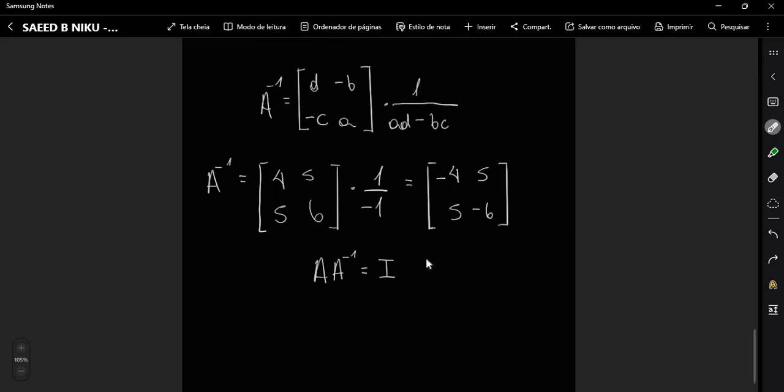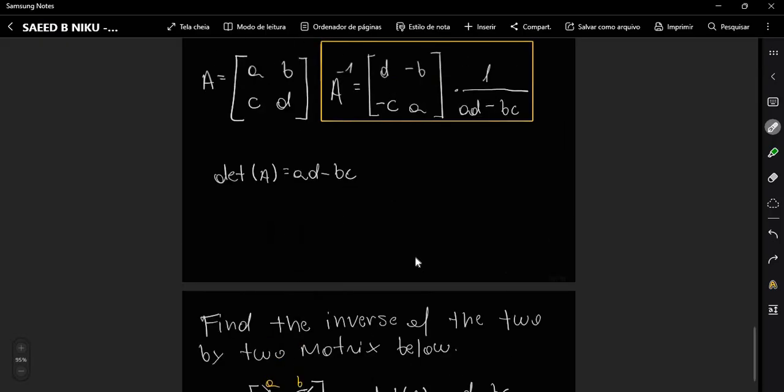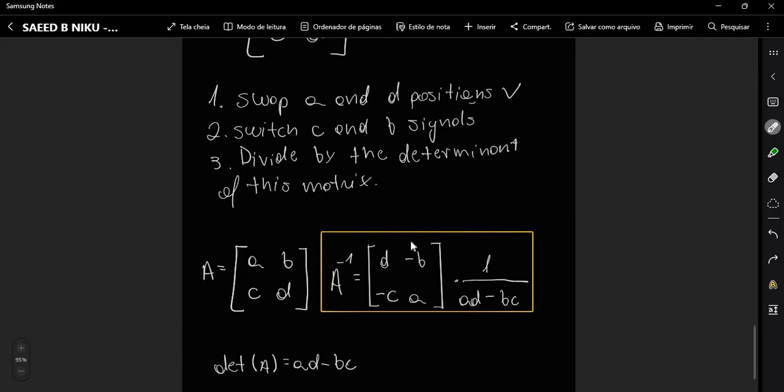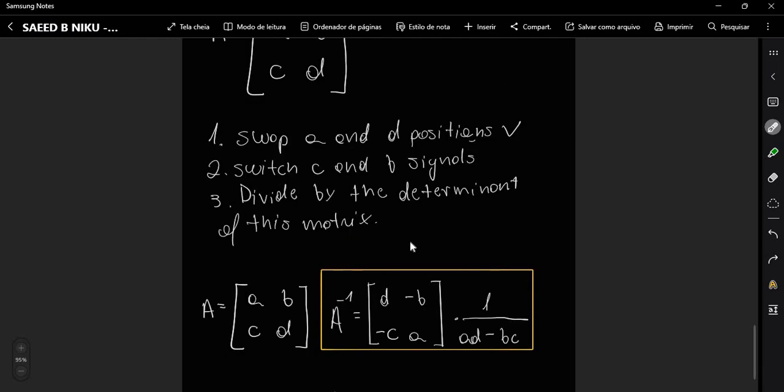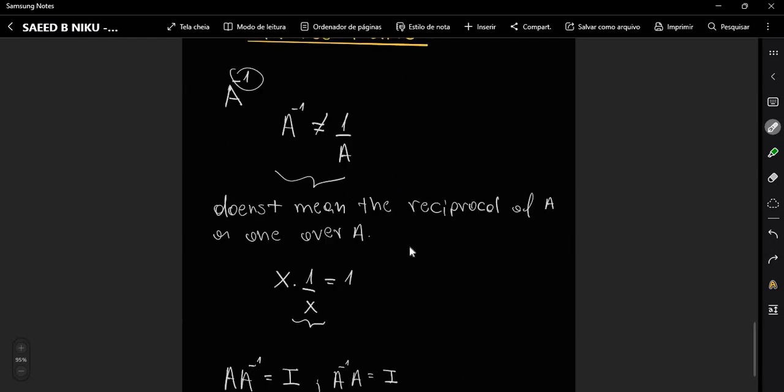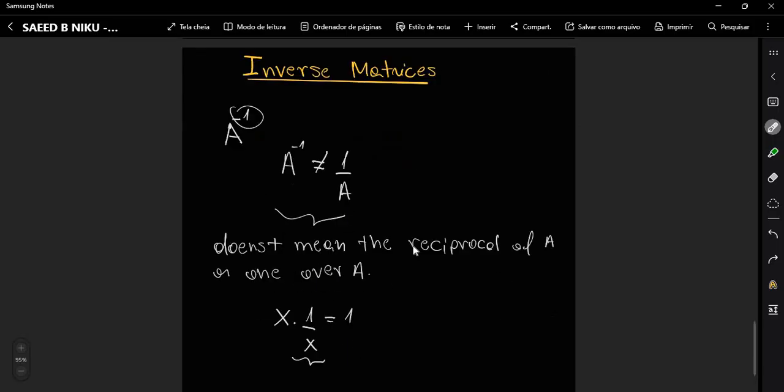Okay, so we revised the transposed matrix, the determinant of a matrix, and now the inverse of a matrix.